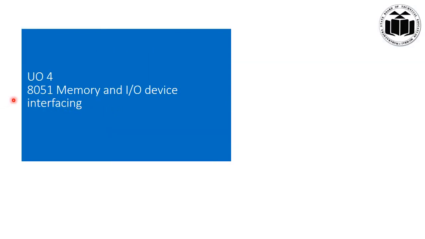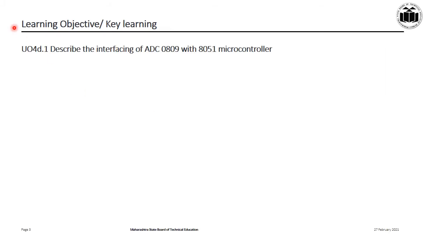Continuing our discussion on 8051 memory and IO device interfacing. Let us see the learning objectives and key learning for this presentation. We will describe the interfacing of ADC 0809 with 8051 microcontroller.